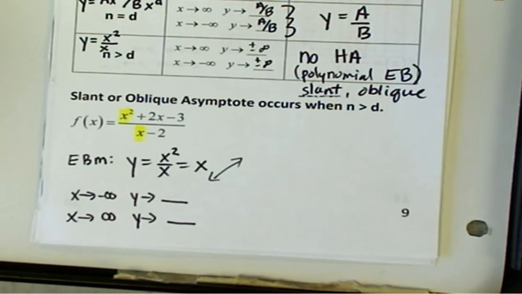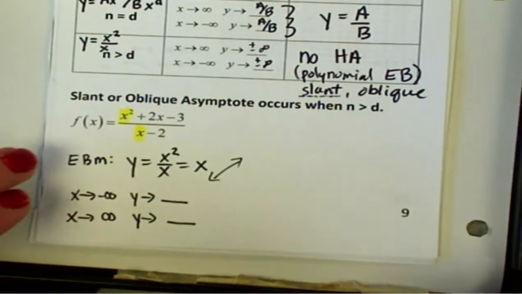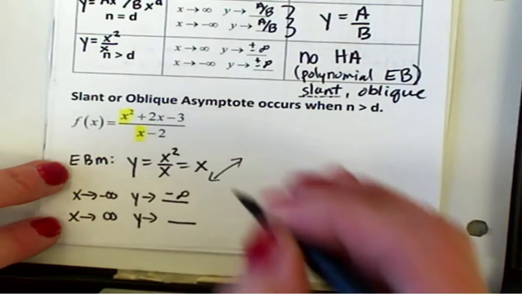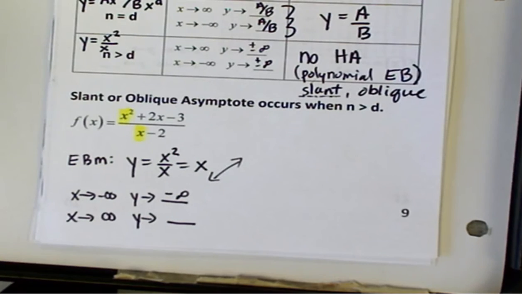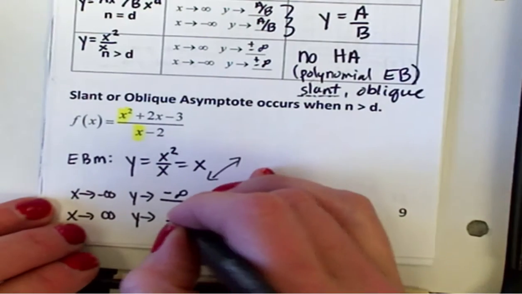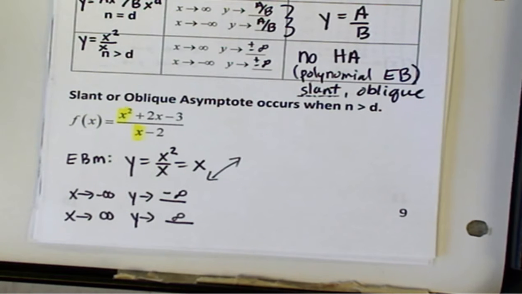That's the end behavior. Negative, negative, positive, positive. I do expect you to remember polynomial end behavior even though it was Unit 4 and we're in Unit 6. There's a lot of content that gets reused.